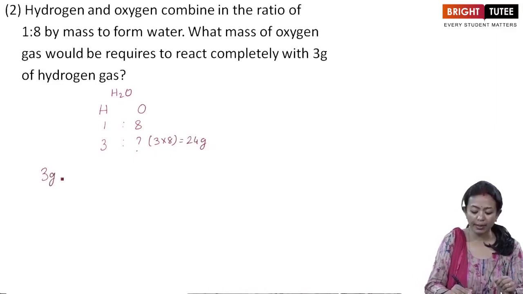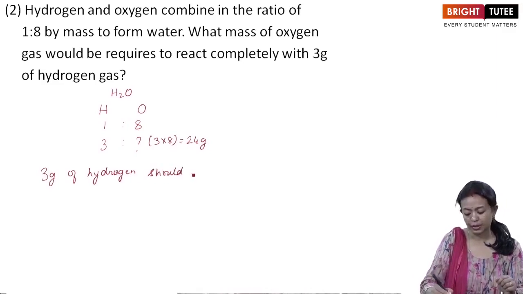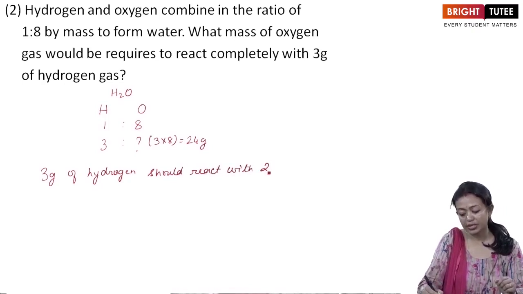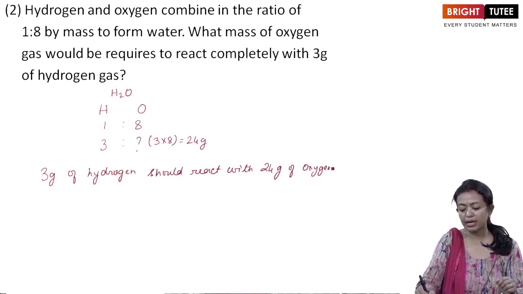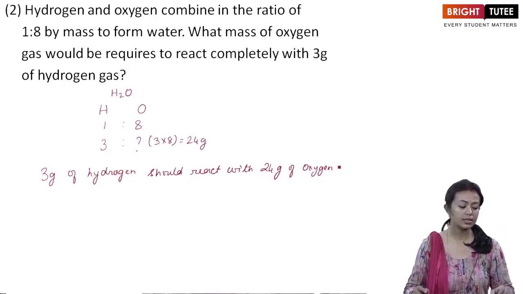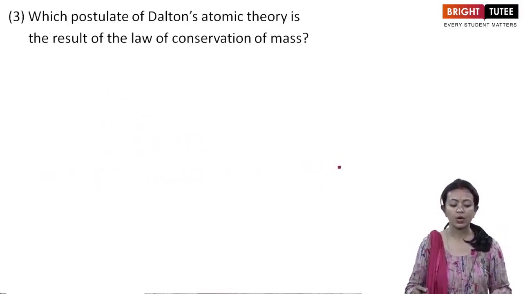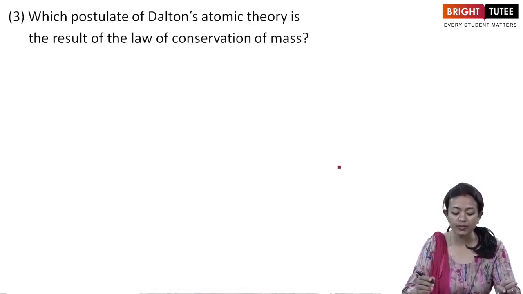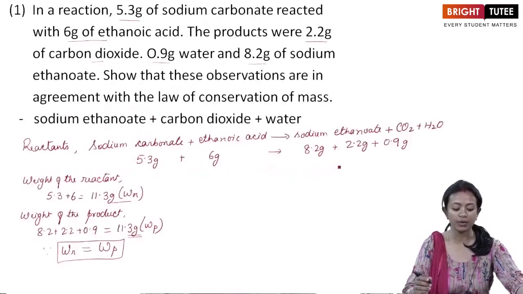So 3 gram of hydrogen should react with 24 gram of oxygen to make a water molecule. The third one: which postulate of Dalton's atomic theory is the result of the law of conservation of mass? Can you recollect what we had done already?